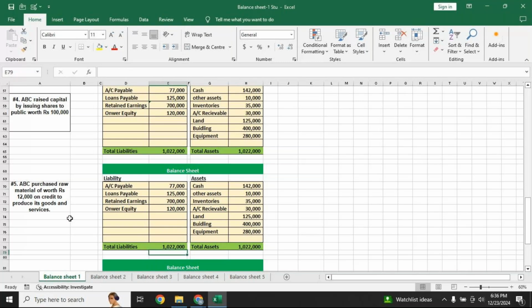So purchase of raw materials: inventories will get added with plus 12,000, and here also accounts payable. I have got the material but the amount I am going to pay later. So accounts payable plus 12,000.